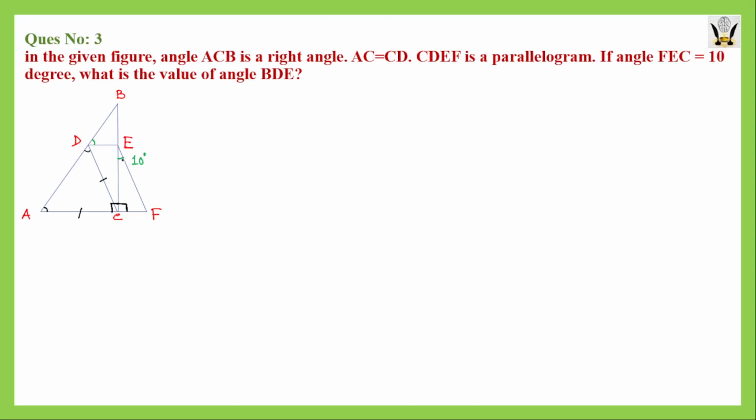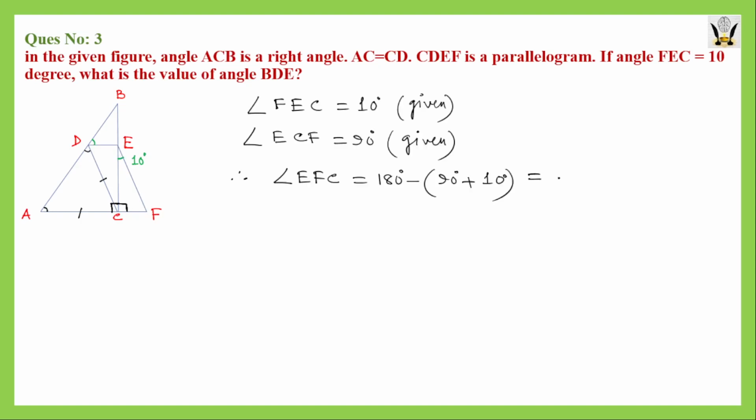So since this is 10 degrees and angle ECF is equal to 90 degrees, angle CFE will be 180 minus their sum. So it will be 180 minus 100, so 80 degrees. And since CDEF is a parallelogram, this angle and its diagonally opposite angle of the parallelogram will be equal.